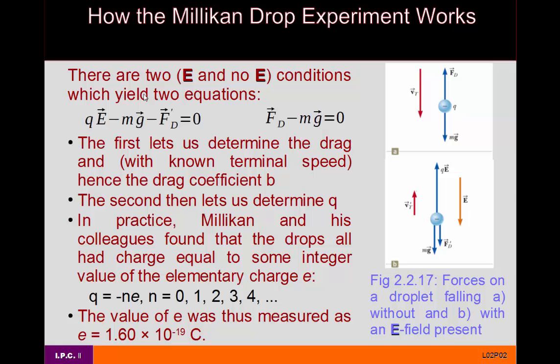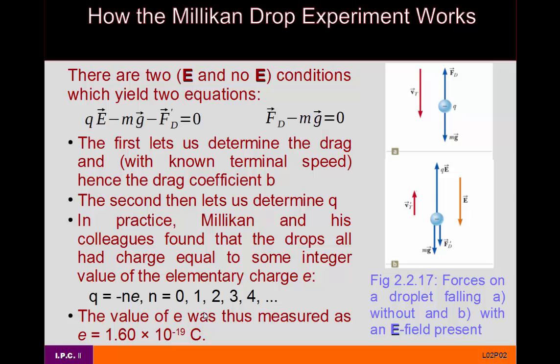In any case, once you've solved for Q, what Millikan and his colleagues found was that no matter what he did, there was always some integer multiple of the electron charge E that gave the total charge of a droplet. So Q is N times E, where N is some integer.